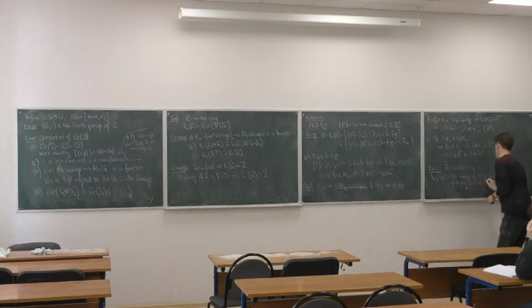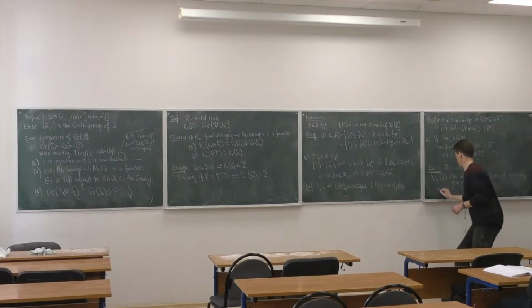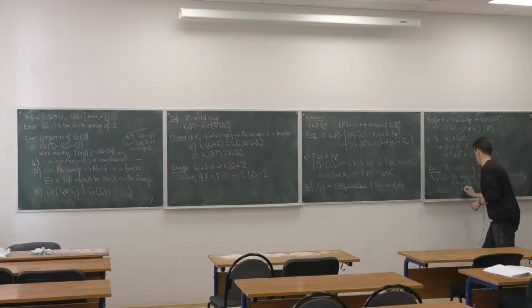So in other words, we apply the same construction, but not to finitely generated, but to countably generated projective modules. It turns out that in this case, the respective Grothendieck group is 0. So it gives us nothing interesting.